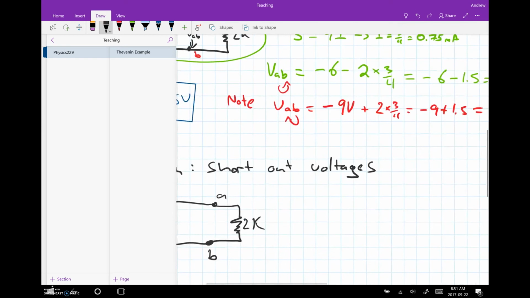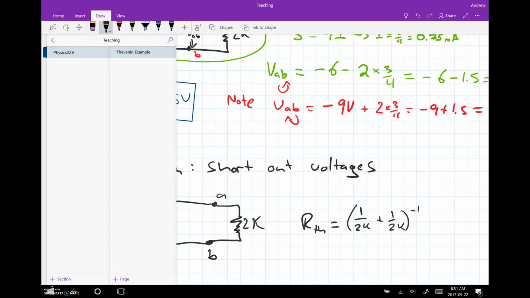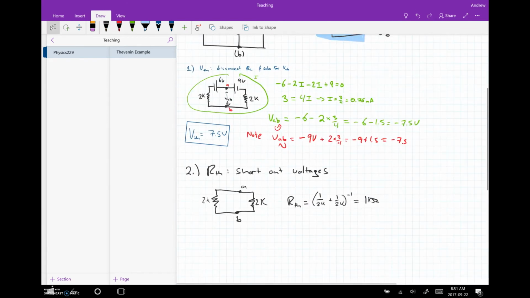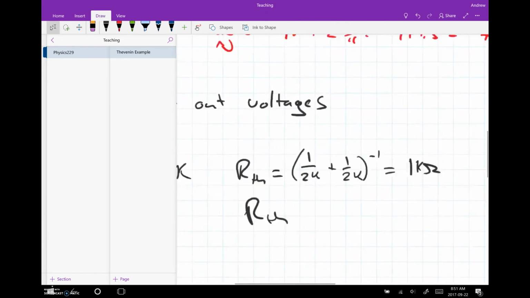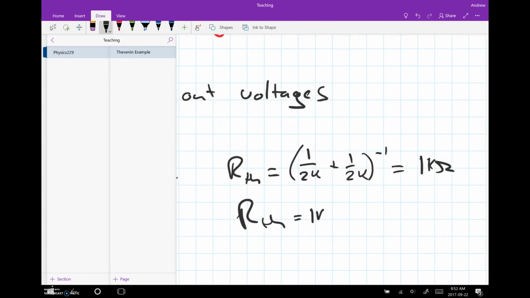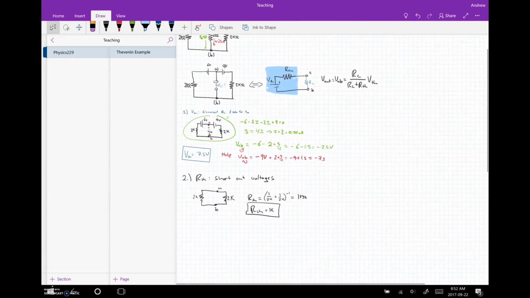It's a parallel combination. So our Thevenin, we can do it a number of ways. 1 over 2k plus 1 over 2k to the negative 1. 1/2 plus 1/2 is 1. 1 over 1 is 1 kilo ohm. So our Thevenin equivalent resistance now, very easily, is just 1k. So now we can fill in this black box here.